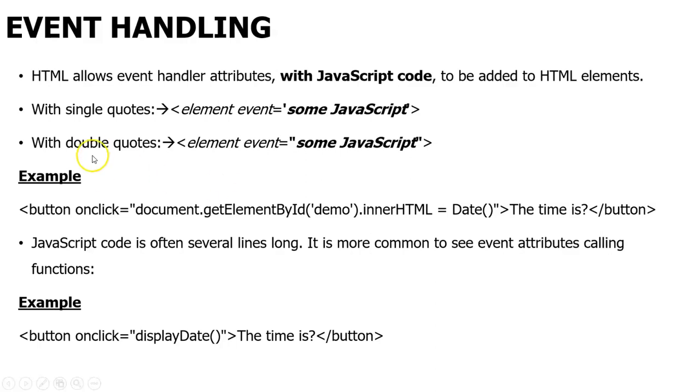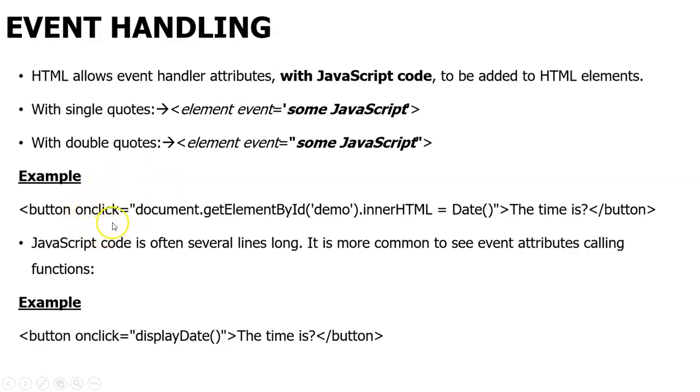For example, here you have button onclick equal to document.getElementById innerHTML equal to Date. Date is a predefined function which is used to get the current date. When should I get this current date? When I click a button.